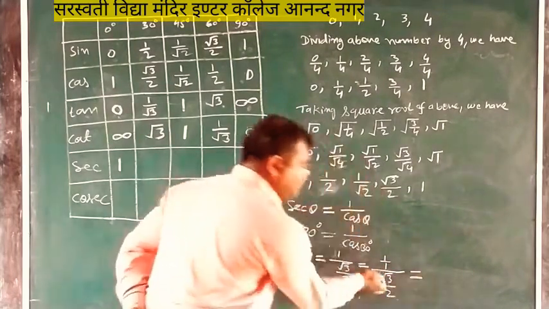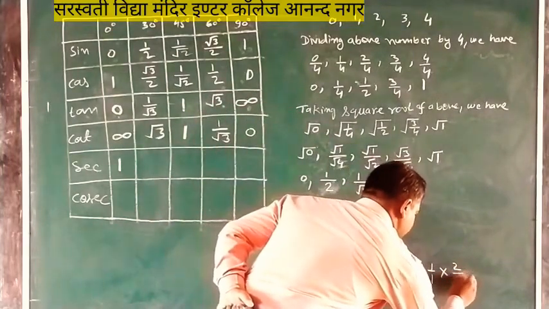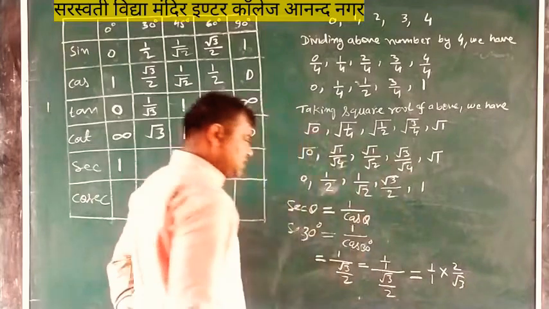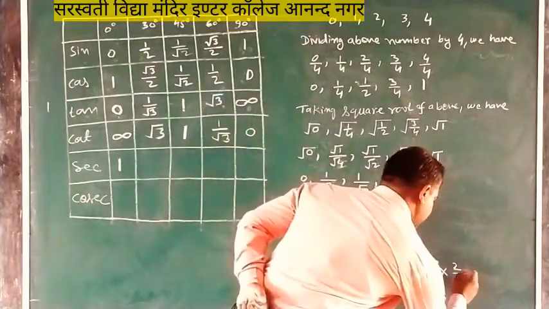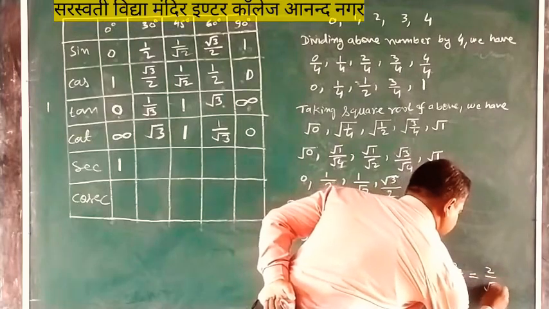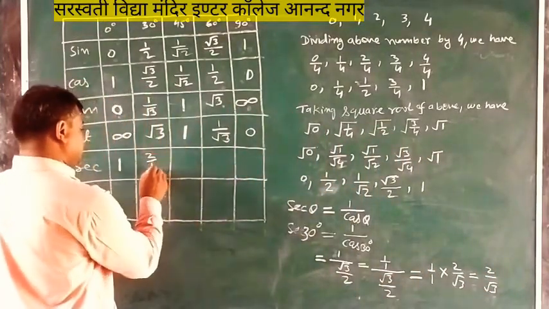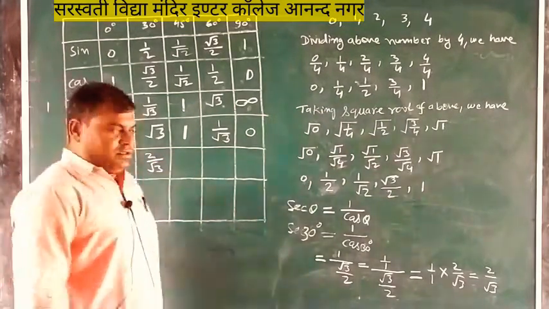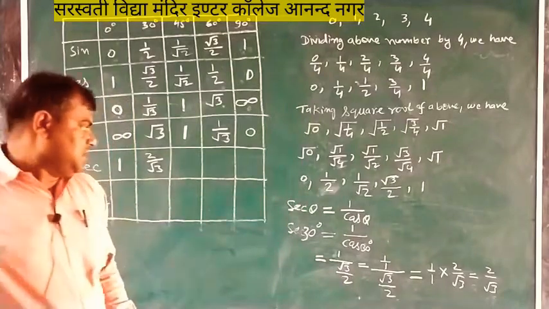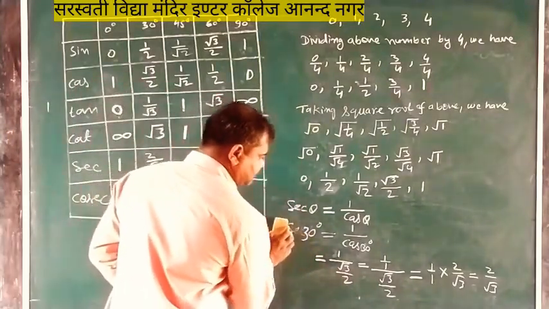We know how we will solve this: 1 by 1 into 2 by under root 3, clear? Then it will be 2 by under root 3.